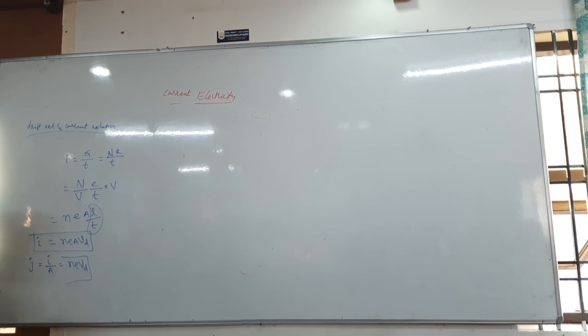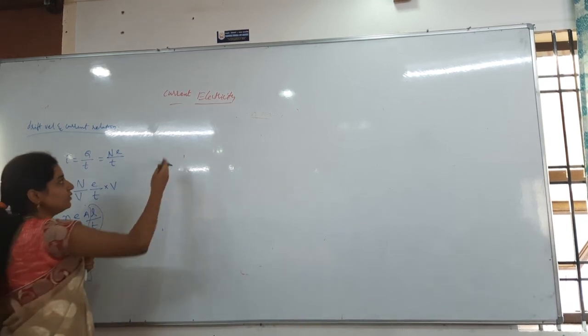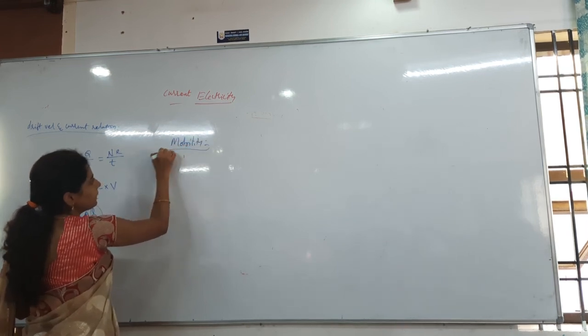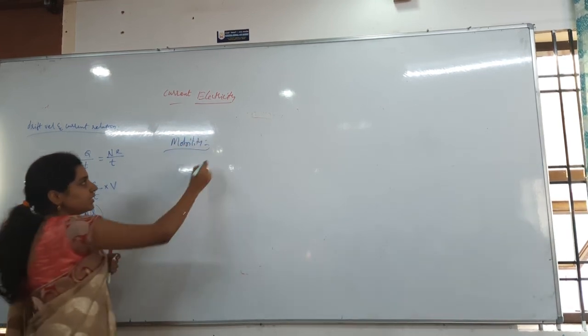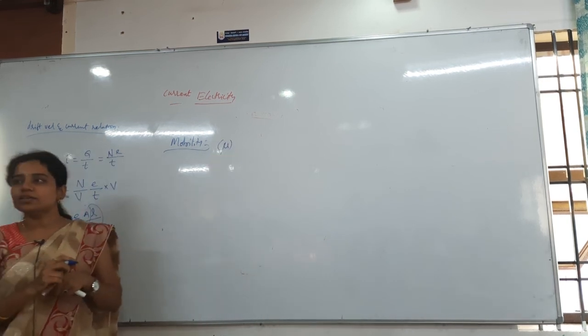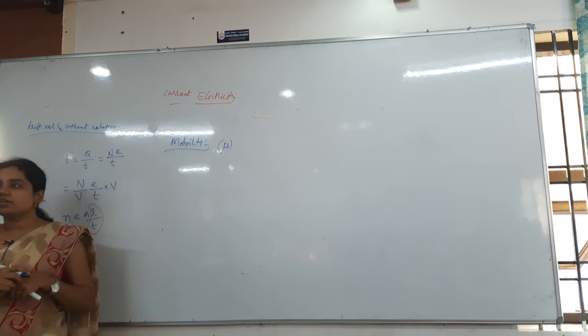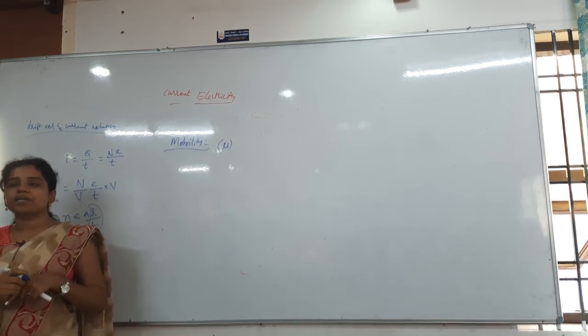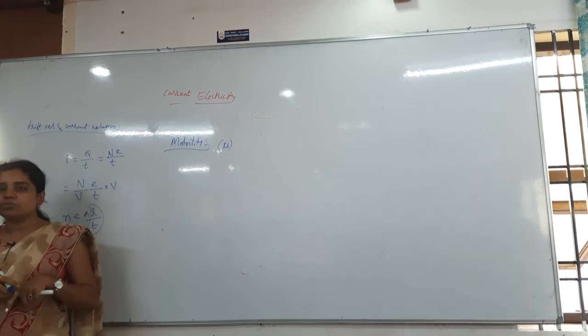And the last one is mobility. What does mobility mean? Mobility is mu here. The drift velocity per electric field is known as the mobility.